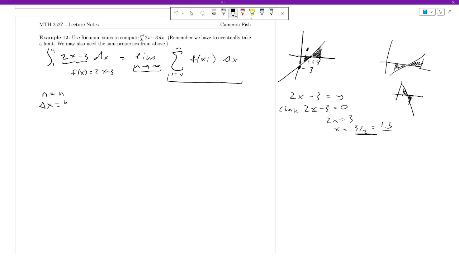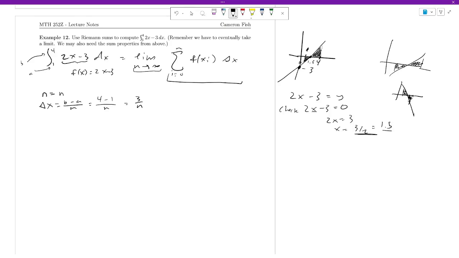Well, it's b minus a over n. a is 1 and b is 4. So I have to do 4 minus 1 all over n, so 3 over n. And again, if n was a fixed number, like 2, I'd have 3 over 2 right here. But it's okay to have it be a variable, 3 over n.